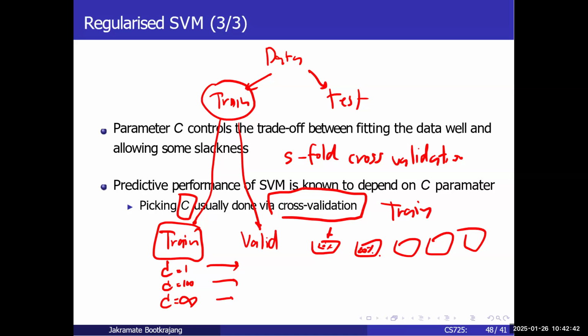The first time, this one is the validation set and the rest is train. The second time, this one is the validation set and the rest is train. You do this 5 times and then take the average. Sometimes you drop the highest and the lowest and take the average. That will be the number for just one parameter, one try. So that is cross validation.